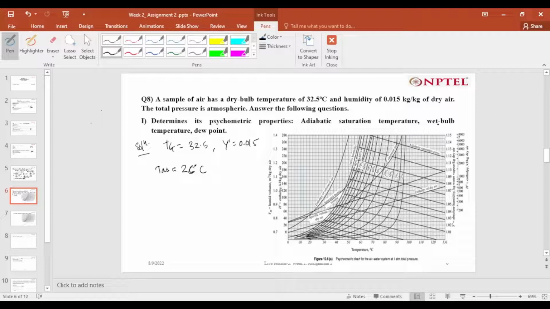Now question 2. If the sample of air is heated to 50 degrees Celsius, what will be the wet bulb temperature? Means Tw you have to find out.